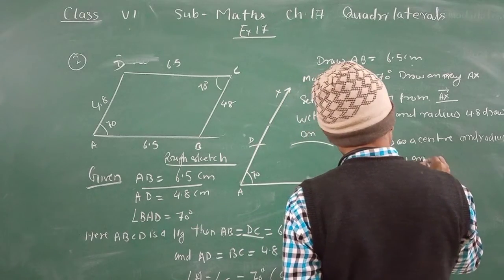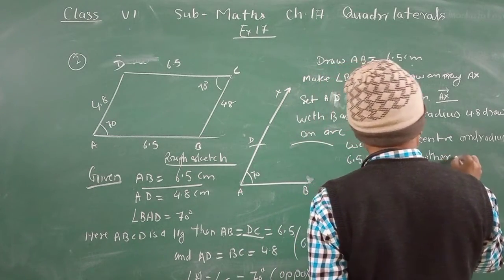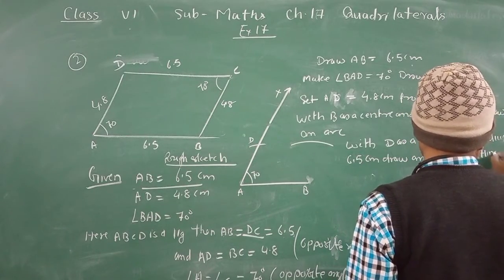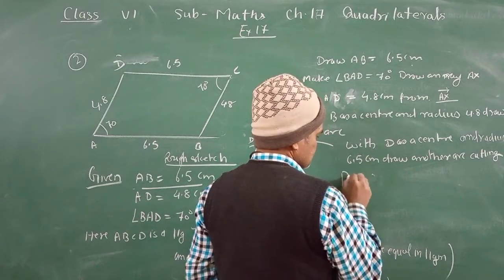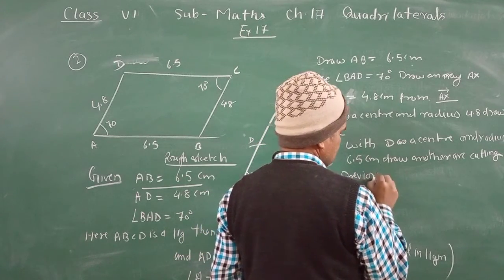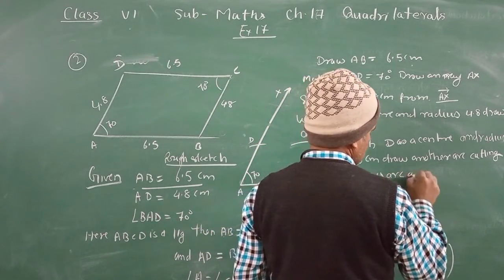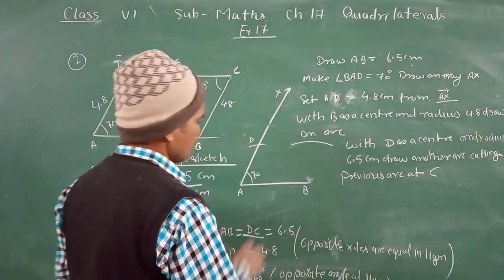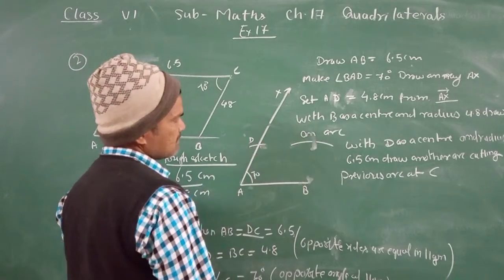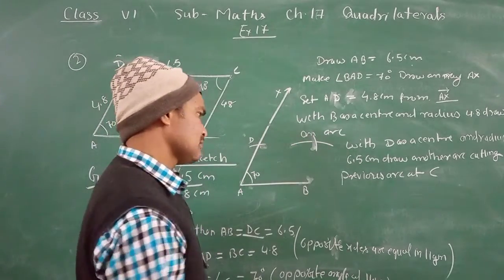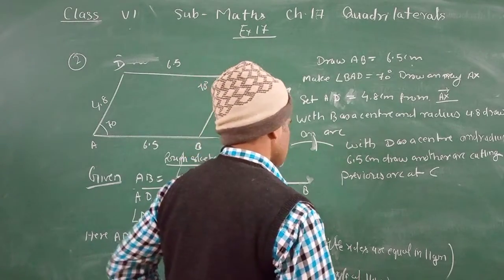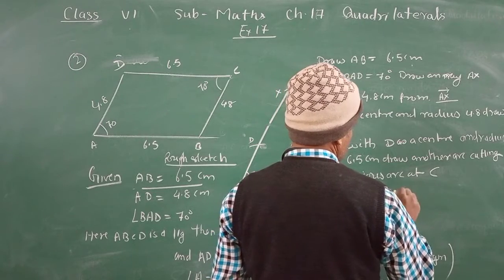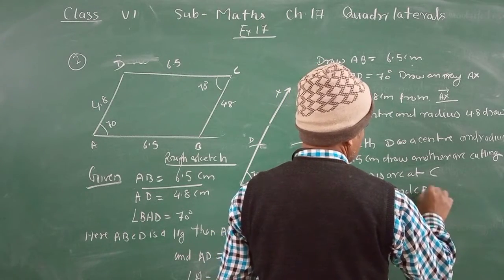draw another arc cutting the previous arc at C. Arc at C. Now join BC and CD.